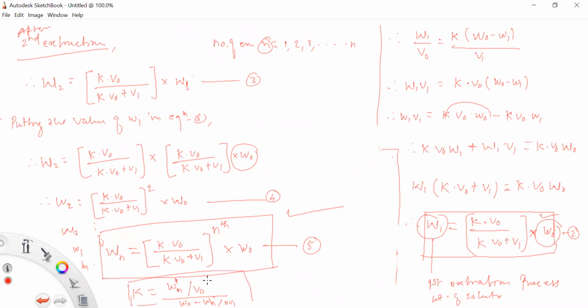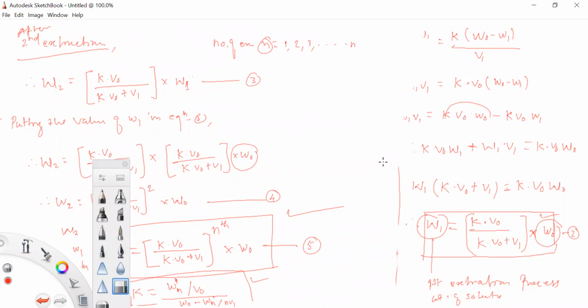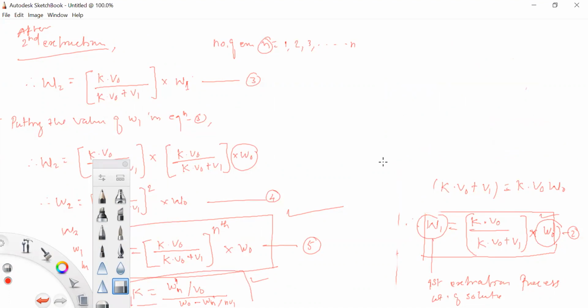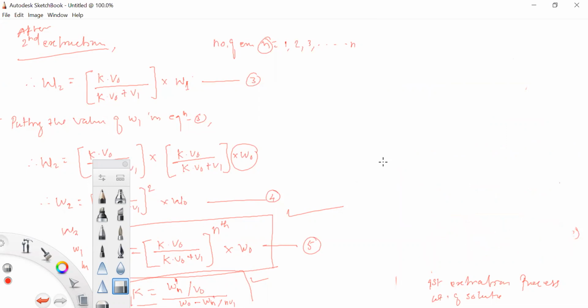This is the distribution law for the nth order. nth order साठी जो distribution law असेल तो काय असणार आहे, K dash is equal to Wn dash upon V0 upon W0 minus Wn dash upon n times V1.